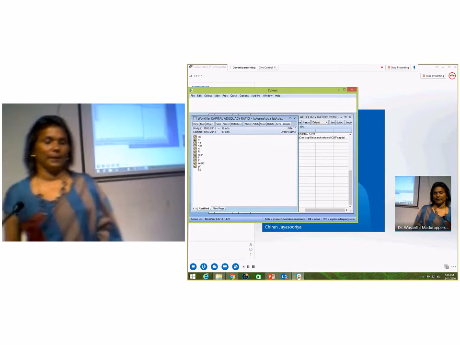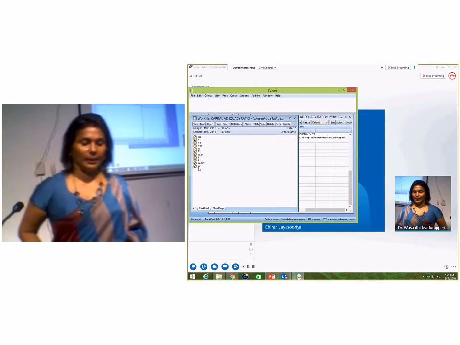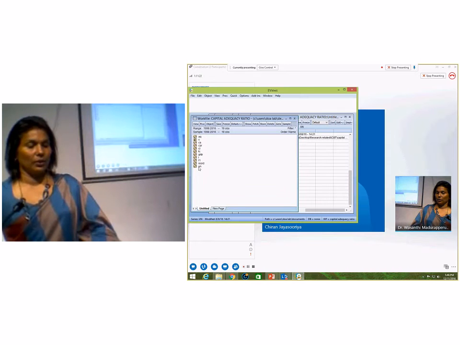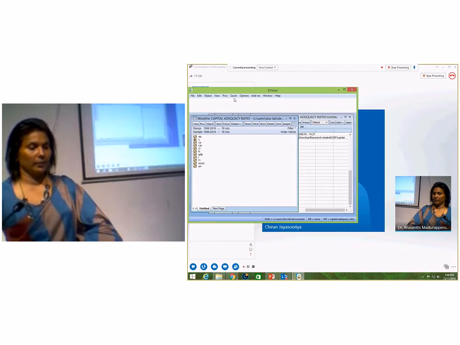Right, what are the steps? Go to Quick, and then Graph.